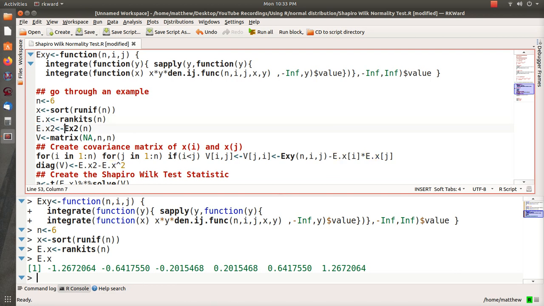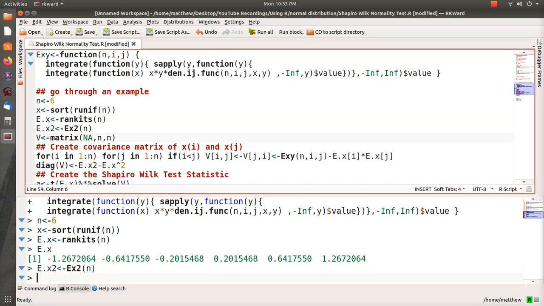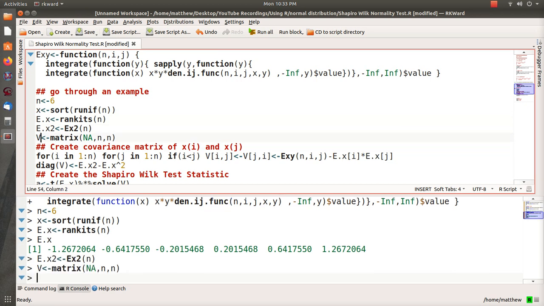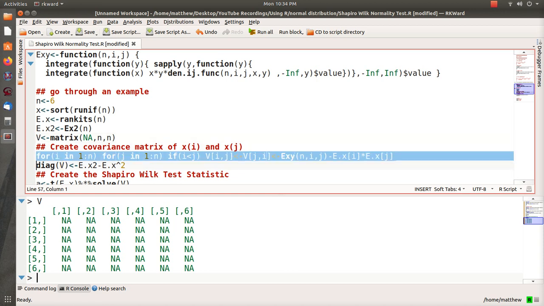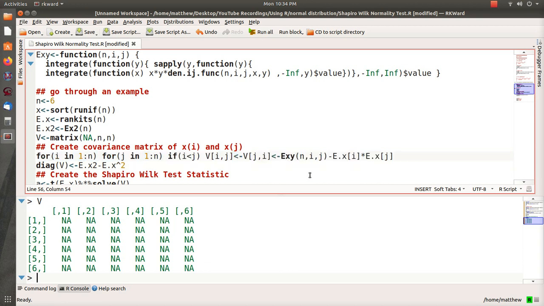For the second moment of the order statistics, I create a blank matrix V, which is going to house the covariance matrix. In this for loop, I go through i and j from 1 to n, but I only calculate for i less than j. I calculate the expected value of x times y, and then I subtract the means of each of those.